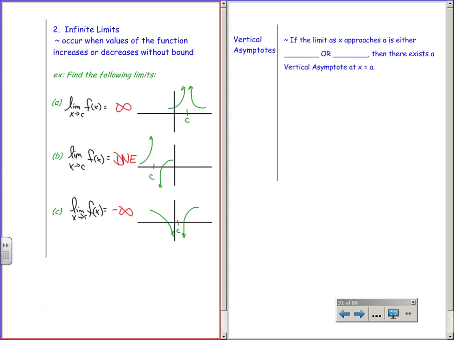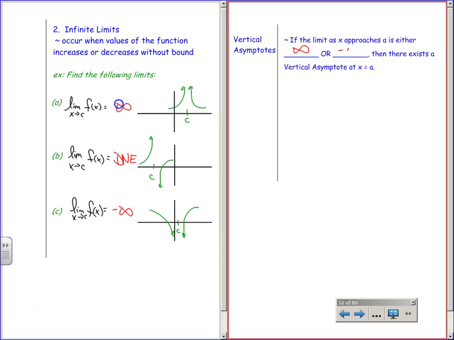You could think about basic graphs that match, but here's the long story short. Whenever you have a one-sided approach that's infinite, it doesn't even have to be a two-sided limit, even just a one-sided limit, then there does exist a vertical asymptote. It's a way of defining a vertical asymptote.